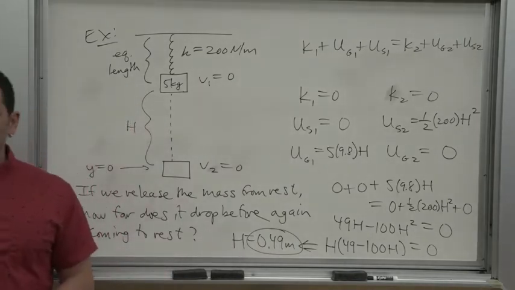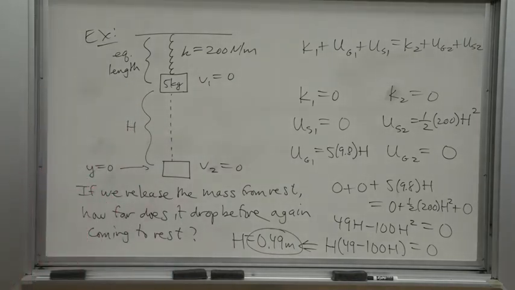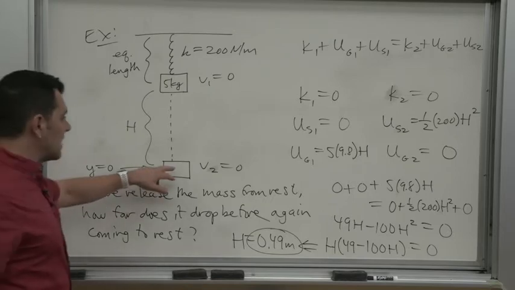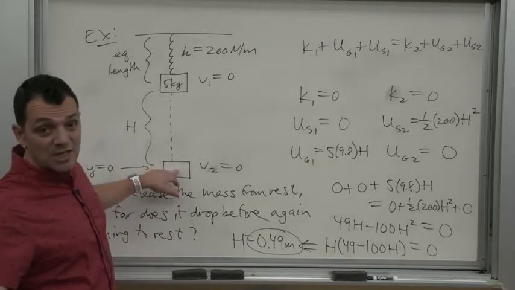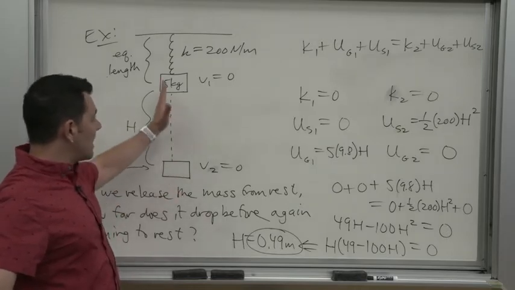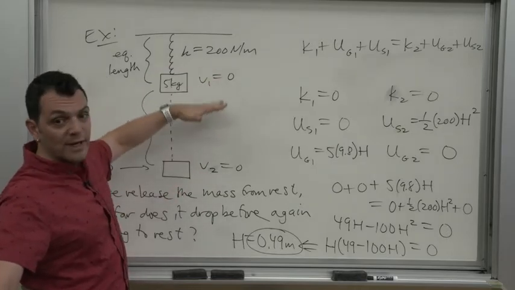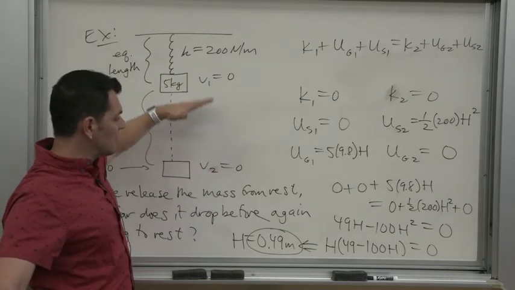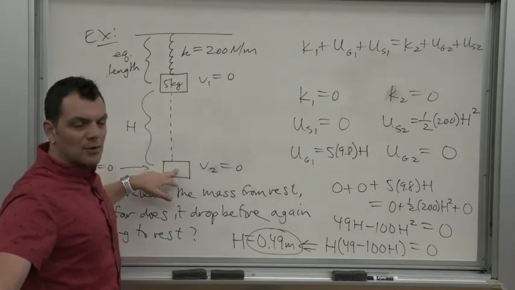This thing will drop 0.49 meters before coming to rest again. Now, is it just going to come to rest here and that's going to be the end of it? No, it's going to move back up again. In fact, it's going to oscillate between these 2 points, up and down. Why is it not going to come to rest here?